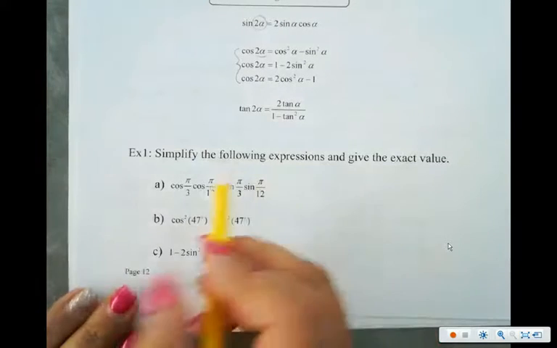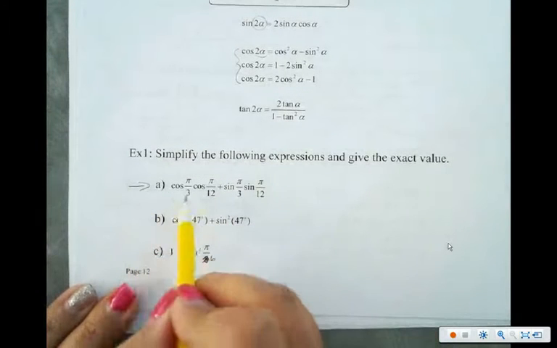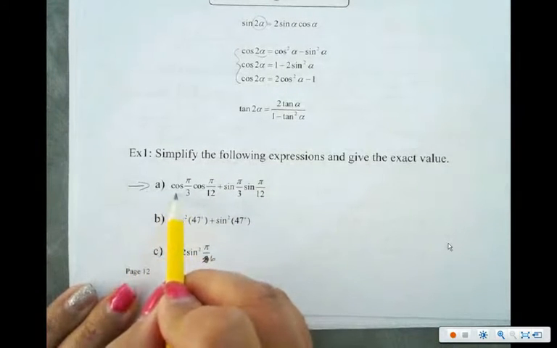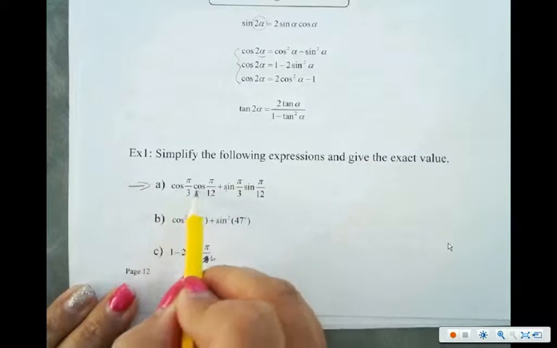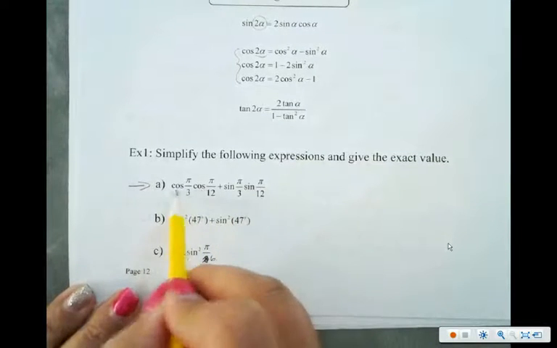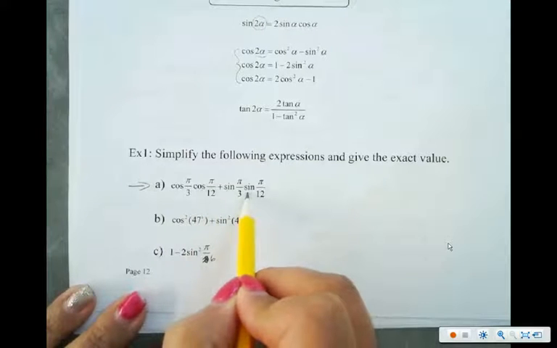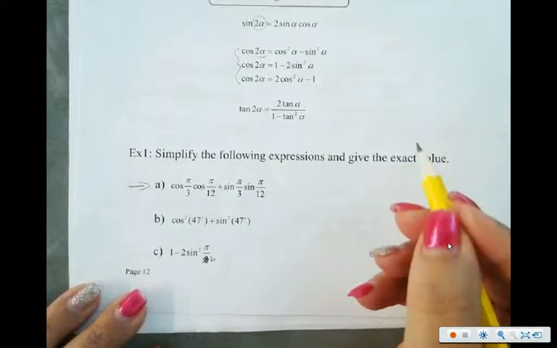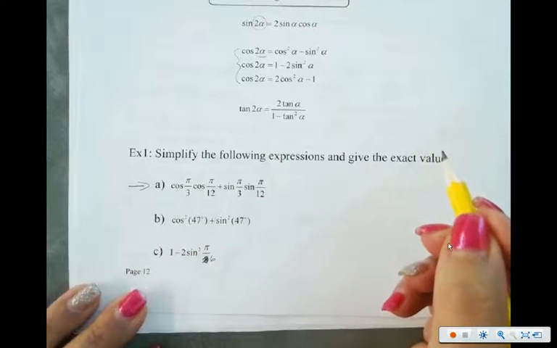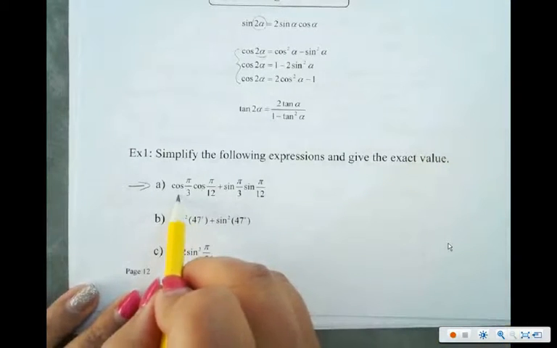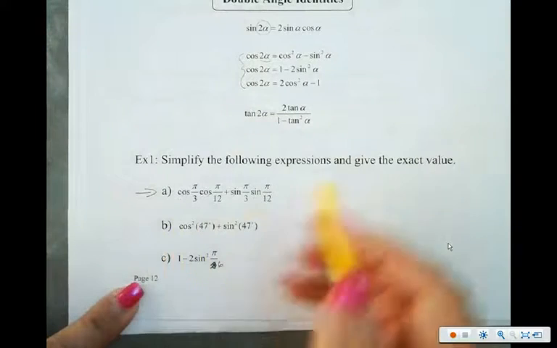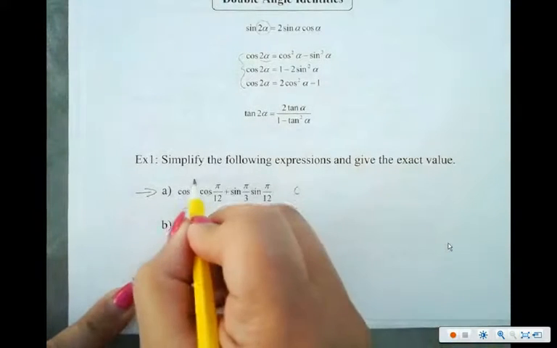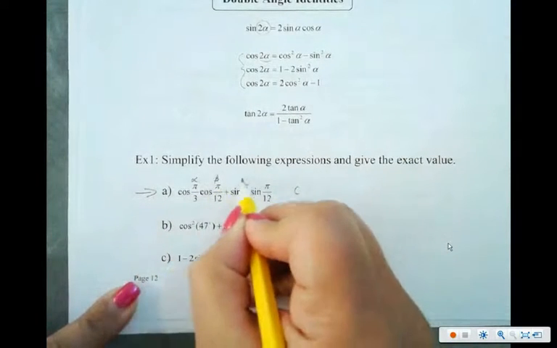Now, let's look at this, A. Which identity does this look familiar to, where you've got cos, cos plus sine, sine? So you want to find the same pattern up here. Think of this as your alpha and that as your beta.